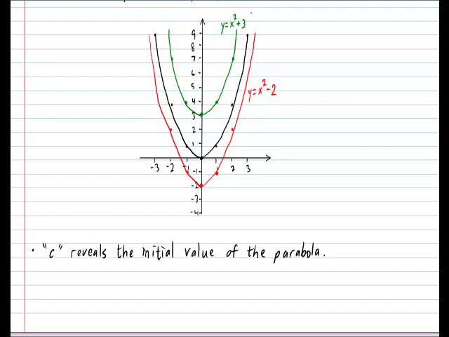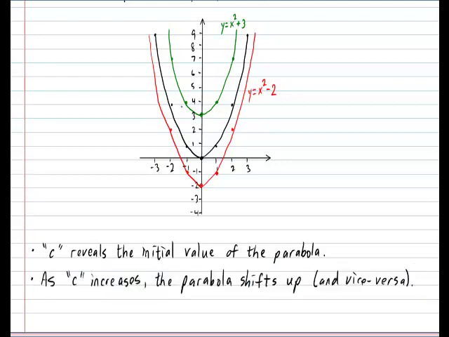When c was positive 3, the green parabola passed through y equals 3. When the value of c was negative 2, take a look. The red parabola cuts the y-axis at negative 2. So the value of c reveals the initial value of the parabola. Very important observation. And of course, the more obvious observation was that as the value of c increases, that will cause your parabola to shift up. And if it decreases, it will cause your parabola to drop down.